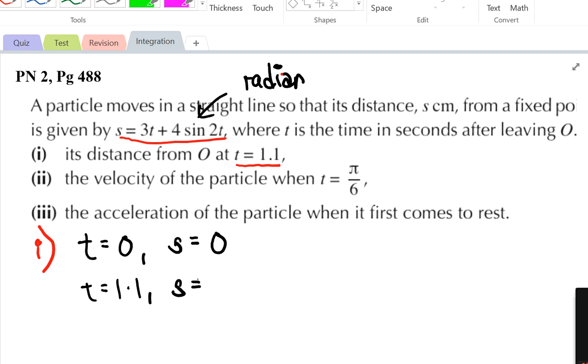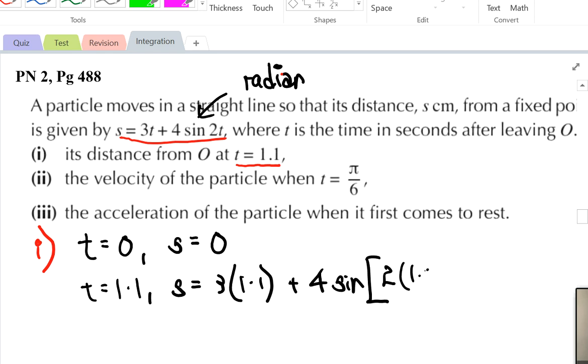Everyone take out a calculator and try to press. I'll randomly select one of you to tell me the answer. Zuo Hong, can you turn on your mic? What do you get when you put 1.1 inside? That means you put 1.1 inside 3 times 1.1 plus 4 sine, remember a square bracket, 2 times 1.1.